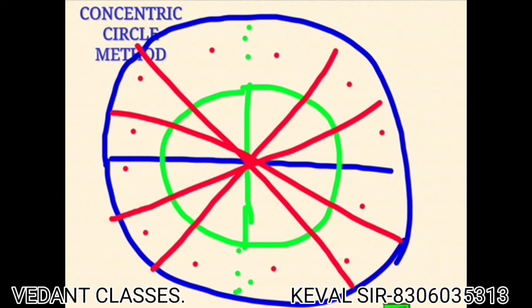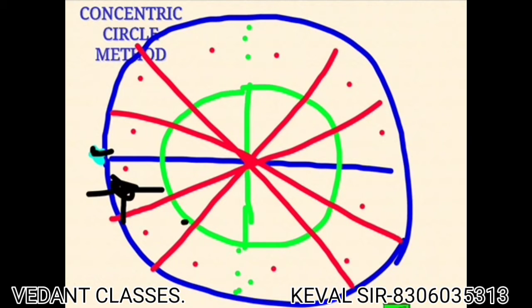Now what you need to do is take out the projections from the points of the outer circle and the inner circle. You can take the projections like this. We start from this point. Now you need to draw projections like this, so this will be your second point.